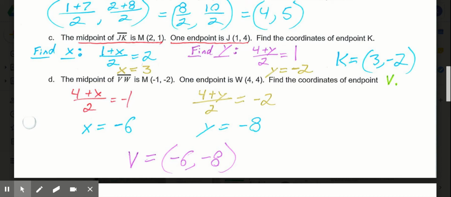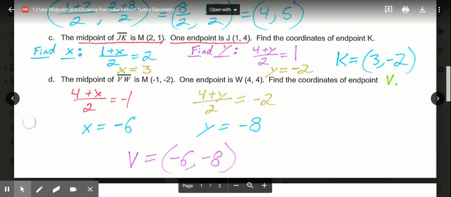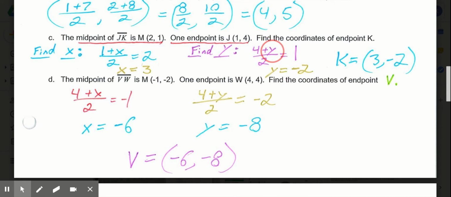Then we do the same process to find y. We know our final midpoint value for y is 1, and our endpoint value for y is 4. So our endpoint value of 4 plus our missing y value divided by 2 will equal 1. Then we need to solve that for y, so we'll multiply both sides by 2 to get rid of the 2 on bottom.